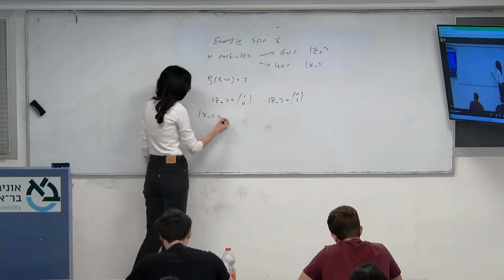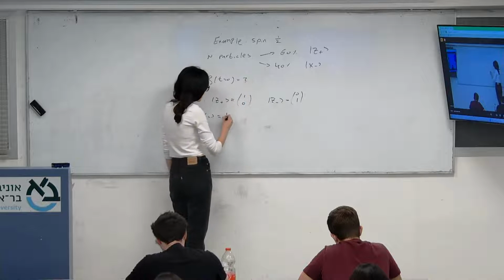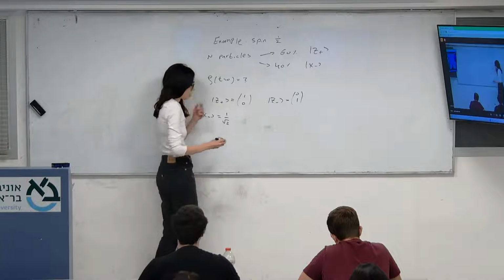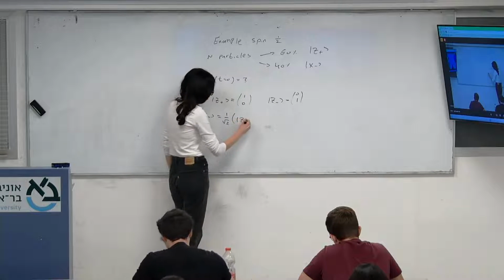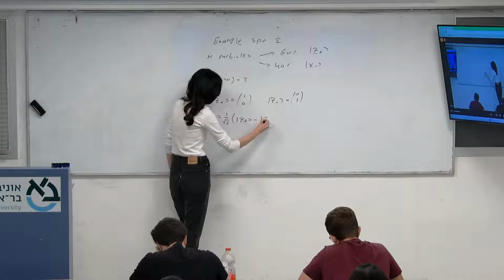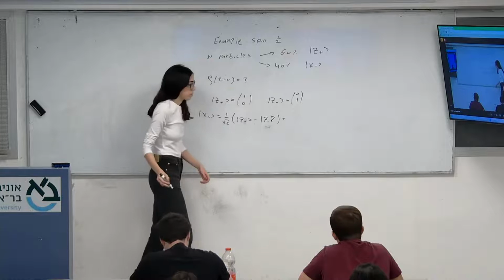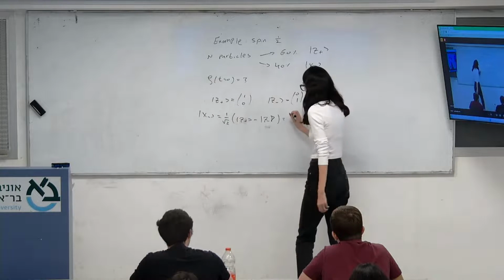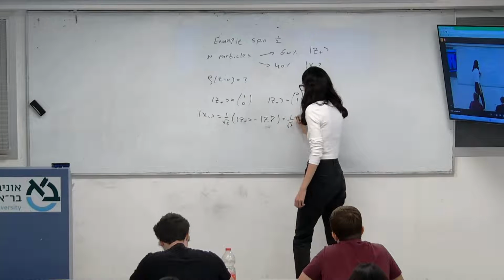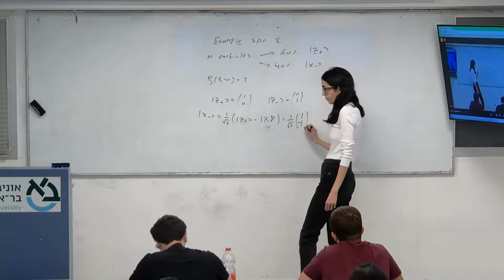And X minus, if you remember from quantum mechanics, is 1 over square root of 2, Z plus minus Z minus, which I can write as a vector, 1 over square root of 2, (1, -1).